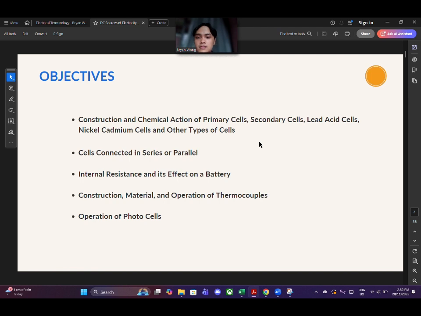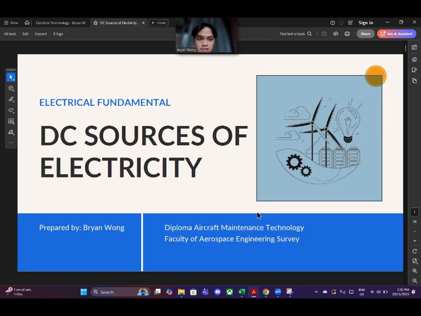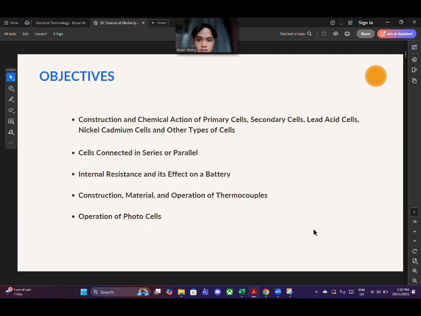Next, we will be able to understand cells connected in series or parallel, and internal resistance and its effect on battery. Next is construction, material, and operation of the thermocouples, and last but not least, the operation of photocells. So in this DC sources of electricity chapter, we'll be covering all of these objectives.